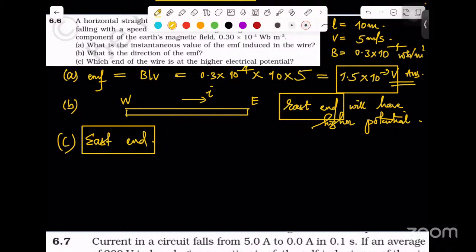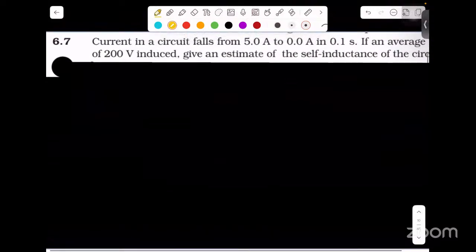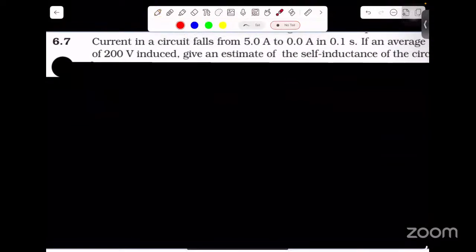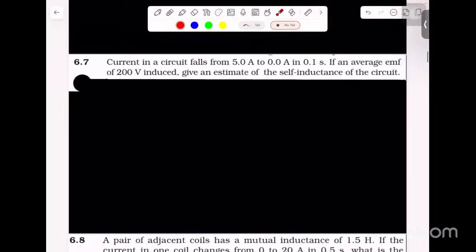Okay. So moving on to the next question, 6.7, which says your current in a circuit falls from 5 amperes to 0 amperes in 0.1 seconds. If the average EMF of 200 volts is induced, give an estimate of the self-inductance of the circuit.